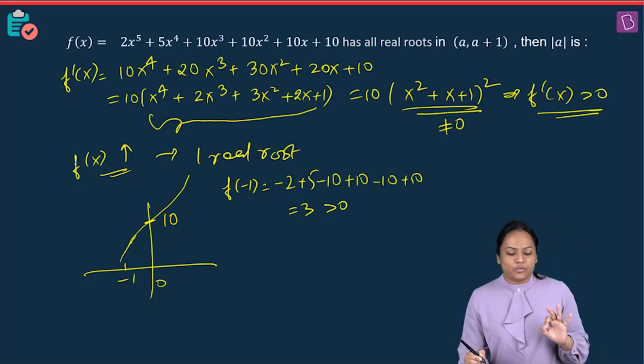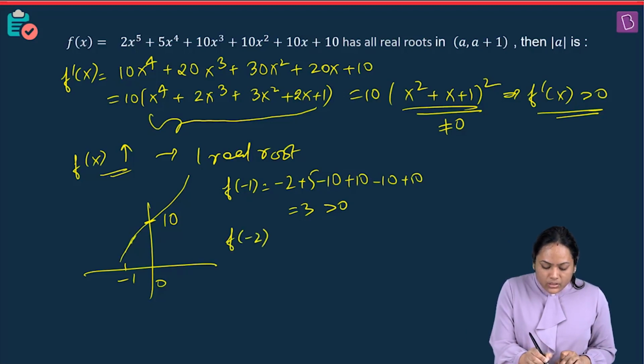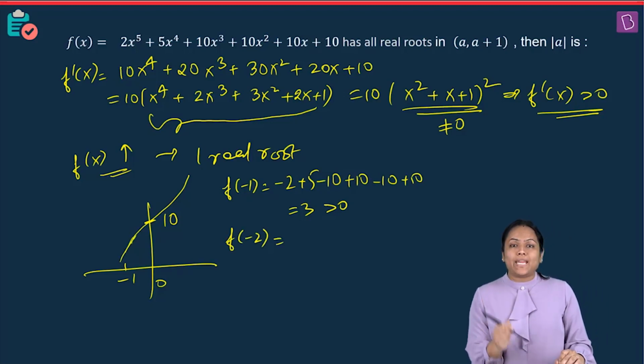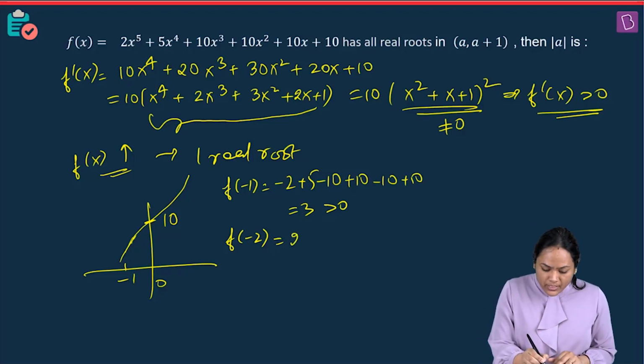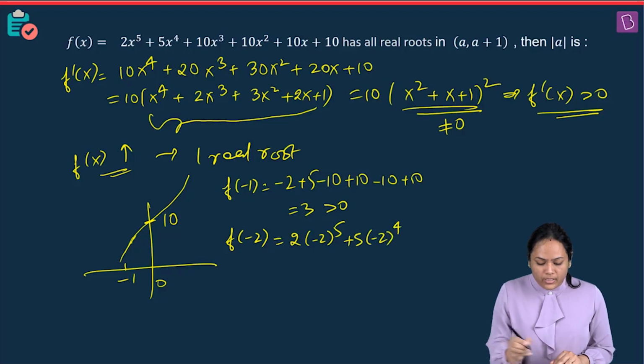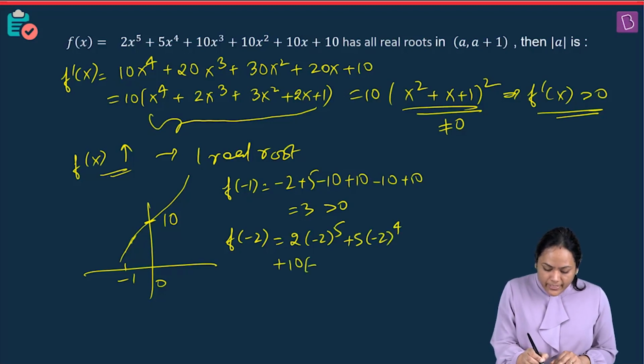What about minus 2? Well, I find the minus 2 value when I put x as minus 2 in my degree 5 polynomial. It's going to come out as 2 multiplied by minus 2 raised to 5 plus 5 multiplied by minus 2 raised to 4. Then I have 10 multiplied by minus 2 cube plus 10 multiplied by minus 2 square plus 10 multiplied by minus 2 plus 10.